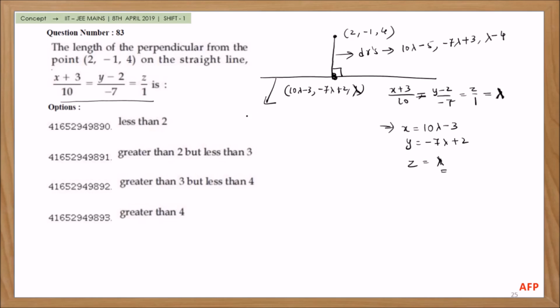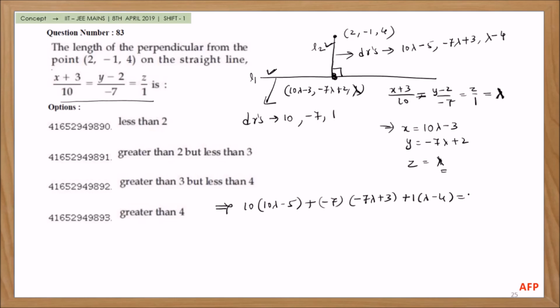And what are the direction ratios of this given line? They are 10, 7, 1. Take it as L1 and L2, you can say that L1 is perpendicular to L2. If L1 is perpendicular to L2, then multiply the direction ratios, add them, and their sum must be equal to 0. So which implies 10 into (10 lambda minus 5) plus 7 into (7 lambda plus 3) plus 1 into (lambda minus 4) is equal to 0.